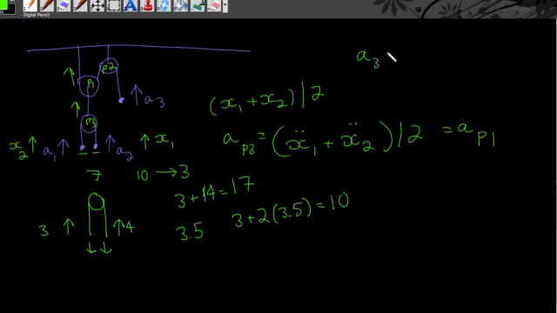Which means then that a sub 3 is equal to, well, the directions are opposite, so it's negative, and this is acceleration, and that's acceleration.